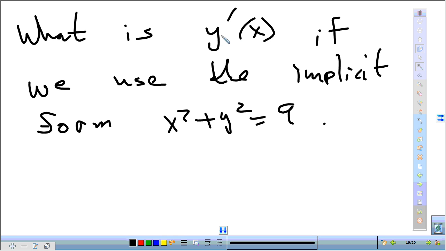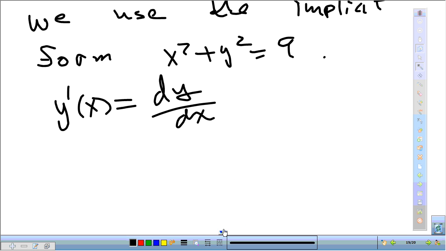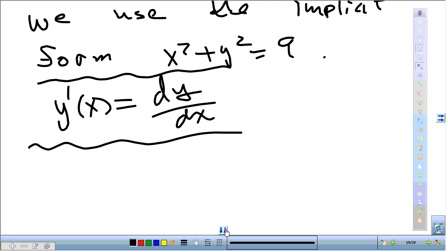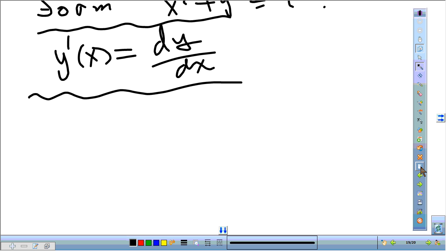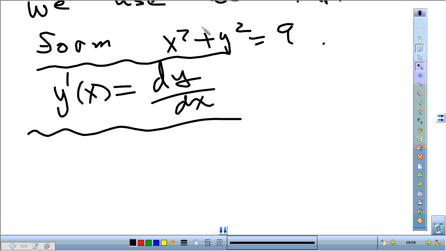What can we observe about the derivative, y prime of x? Notice that in the other notation, we're talking about dy dx. So what we're going to observe is that we have two sets coming from ordered pairs x and y, which are equal here.